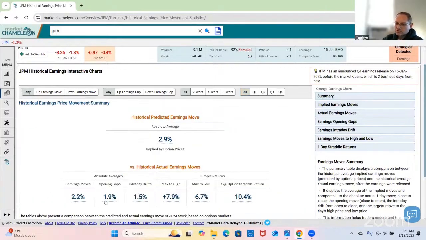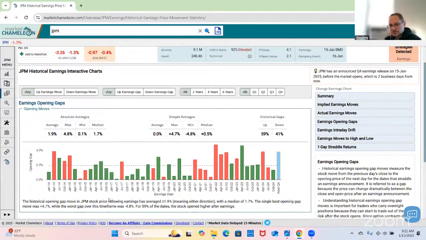And we could do the same thing with the opening gaps. If we're just interested in that initial opening gap, and if the strategy is taking the risk from the close to the open, what does the stock look like? We click on here, 1.9%. And now we see the opening gap moves.